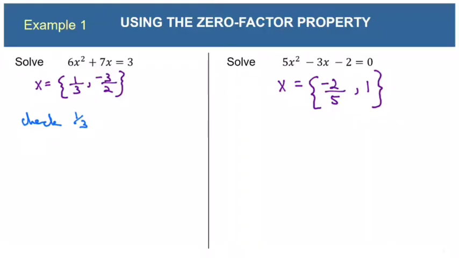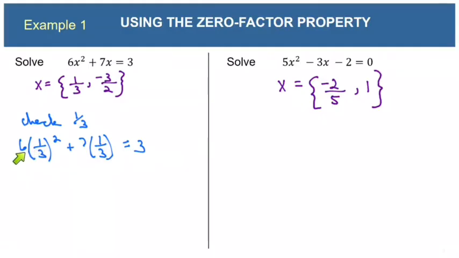So here we go. The first solution we're going to check is 1/3. So let's copy 6 times 1/3 squared plus 7 times 1/3 equals 3. Now you'll want to take your calculator and use the parentheses on your calculator because we need the square to apply to the entire fraction here.